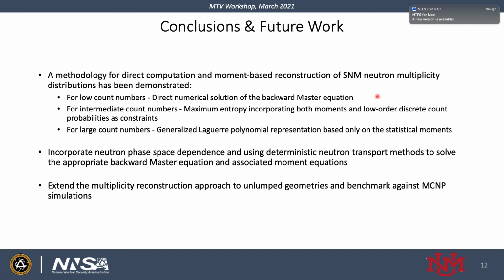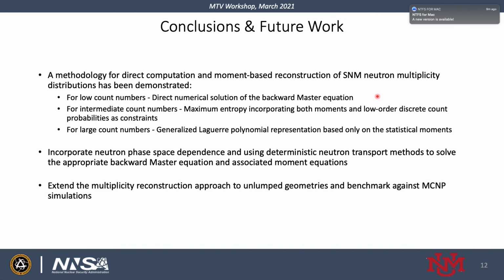So in conclusion, we've demonstrated a methodology for direct computation and moment-based reconstruction of neutron multiplicity distributions. For low count number, the multiplicity distribution was computed directly. For intermediate counts, we showed that the maximum entropy constrained by both moments and low-order discrete count probabilities was very efficient.